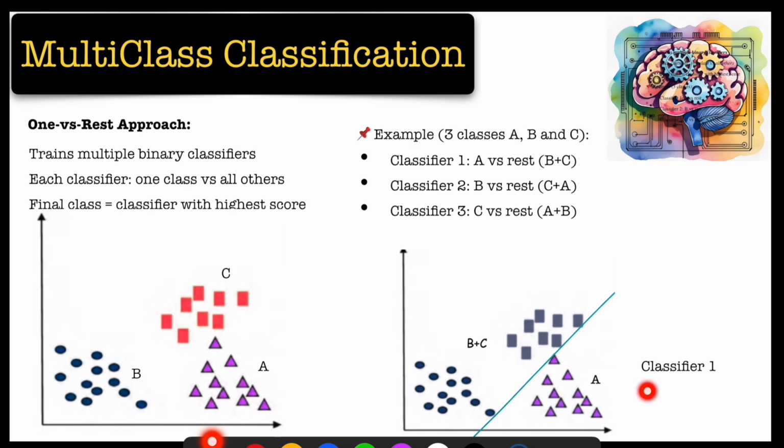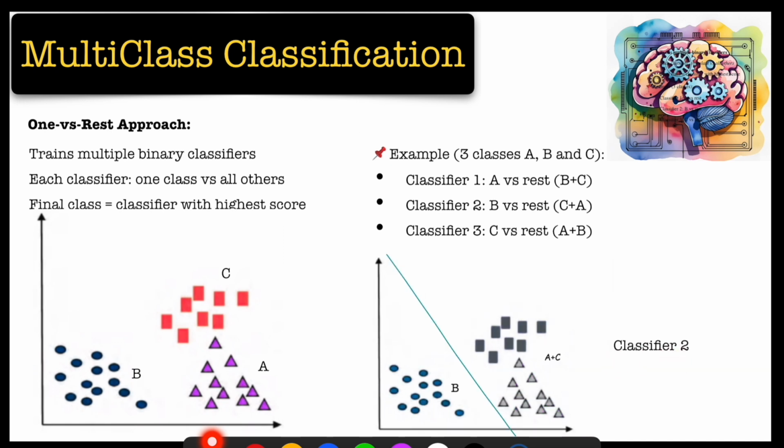Let's say this is classifier 1. Classifier 1 will have class A, and the rest, B plus C, all will be in some other class. Basically class A is the success and the rest is failure. That's how we'll train classifier 1. Classifier 2 will be class B and rest.